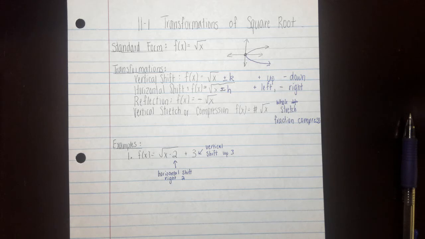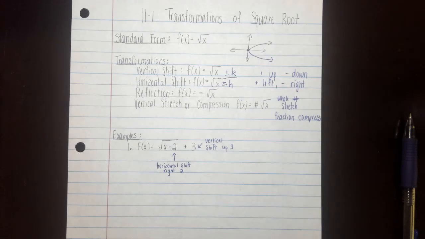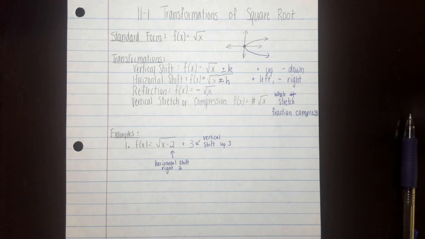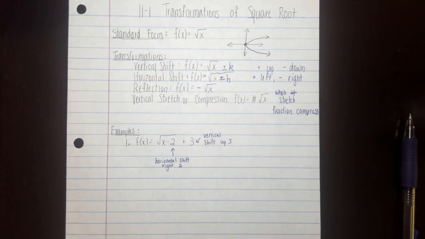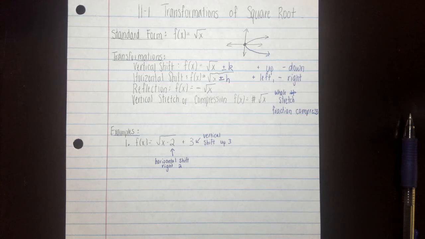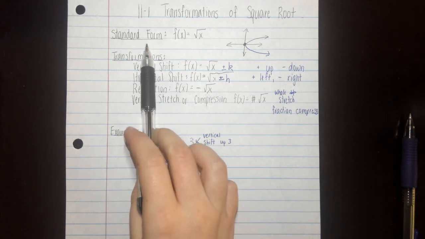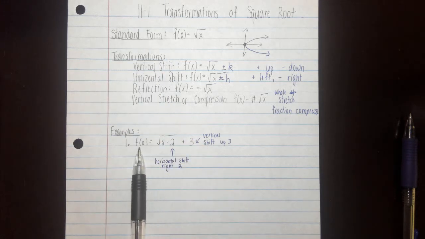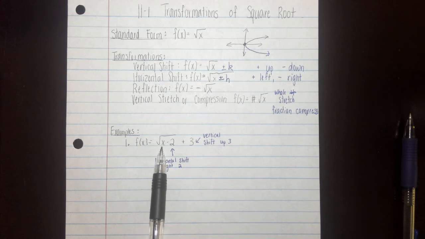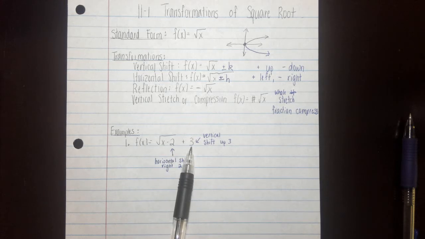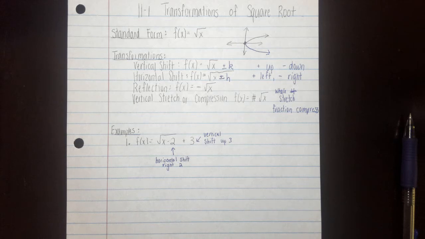The first example we're going to do is looking at an equation and then determining what types of transformations are performed from the original, from standard form, from your parent function. If we have f of x is equal to the square root of x minus 2, plus 3, we've got 2 types of transformations here.